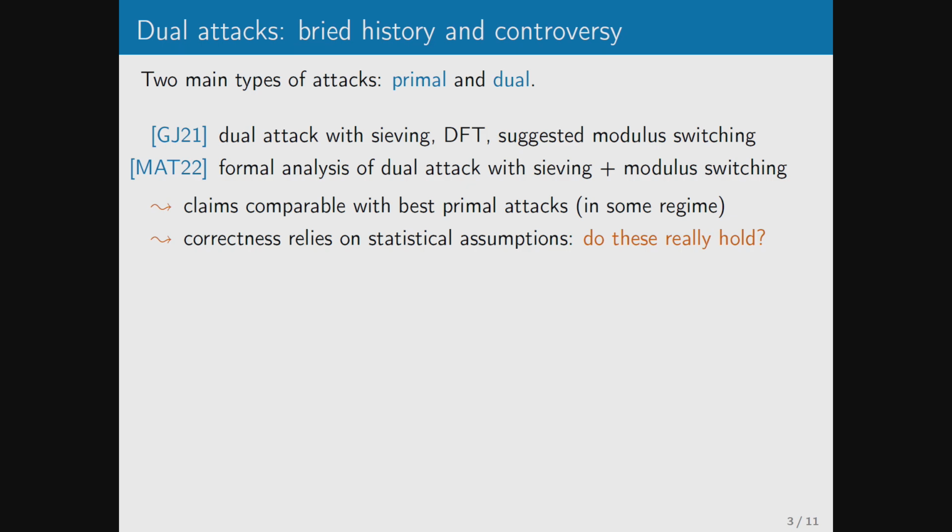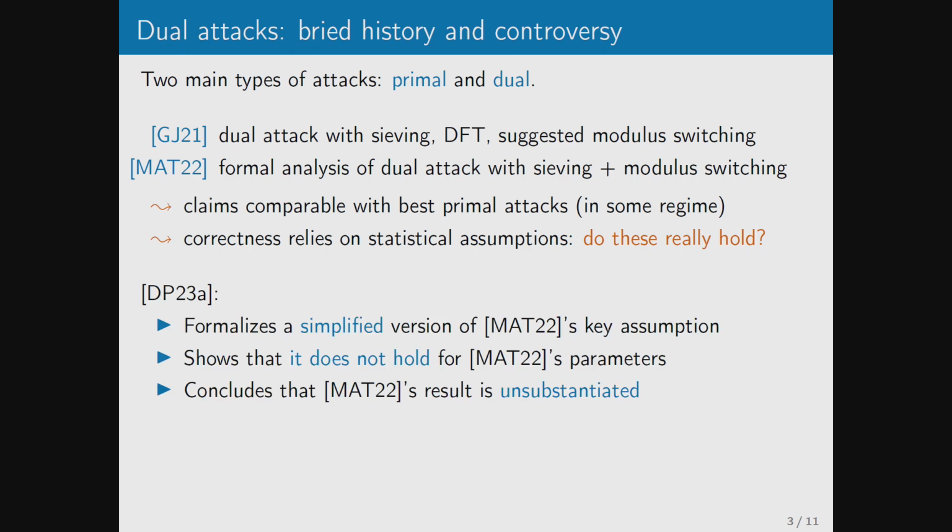However, the correctness of the attack relies on a number of statistical assumptions, which by that point were getting fairly long and complicated. So it was natural to ask whether they actually hold. And this became an interesting question because of this claim that they are really efficient.